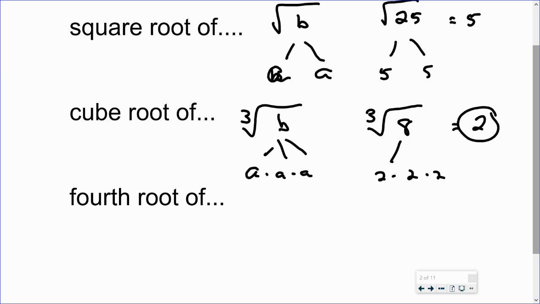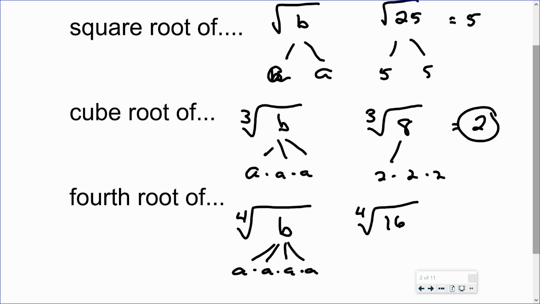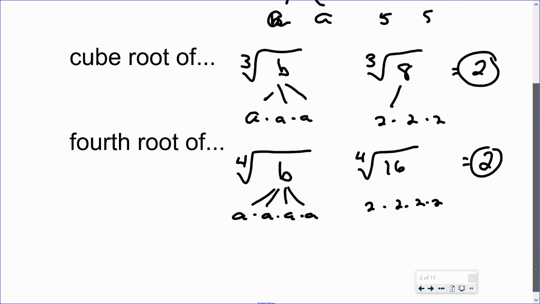The fourth root, the fourth is my index, and b here is a times a times a times a. Let's say I want the fourth root of 16. Well, that's 2 times 2 times 2 times 2, so this is 2. Okay, so that's what the roots are.